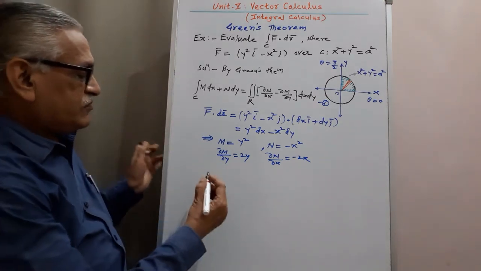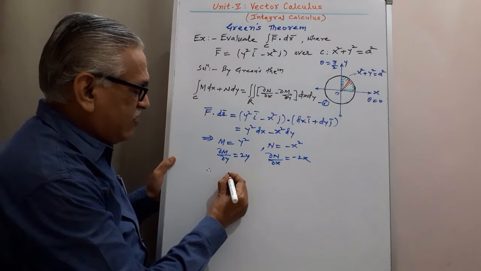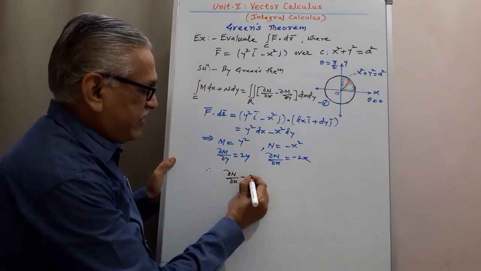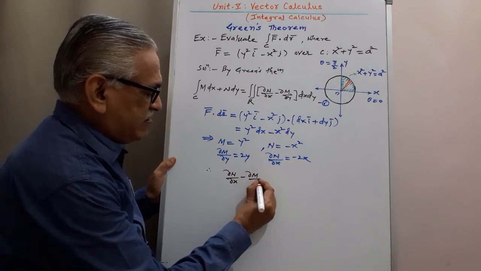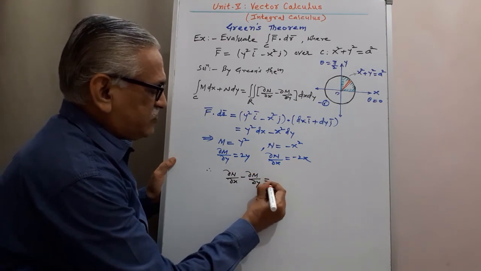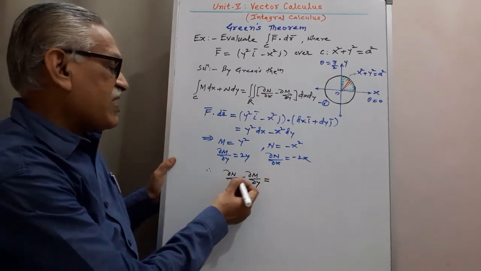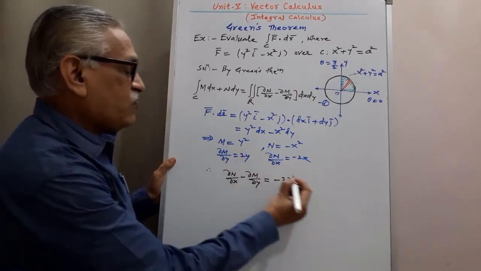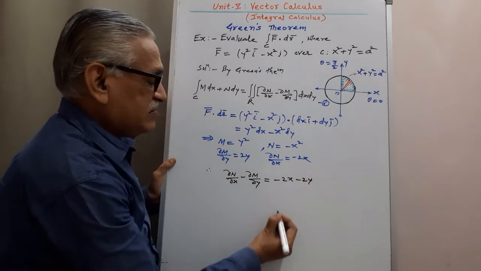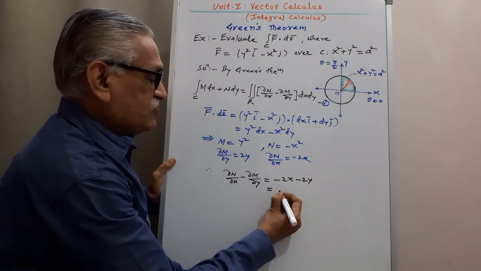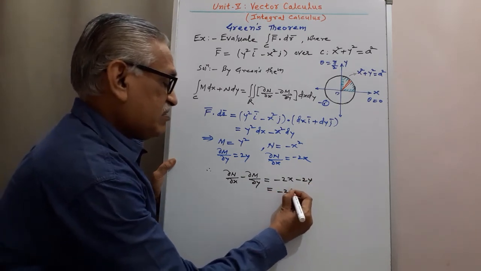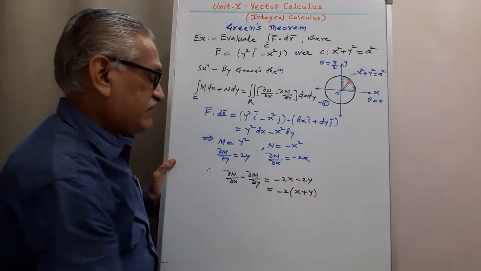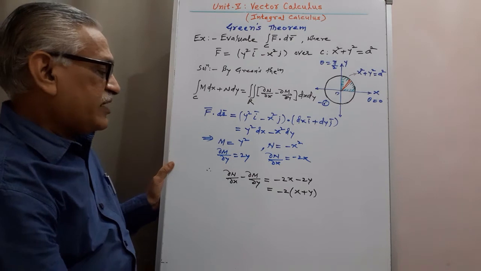And therefore the value of dou N by dou x minus dou M by dou y is equal to minus 2x minus 2y. We can take minus 2 common, it is x plus y.